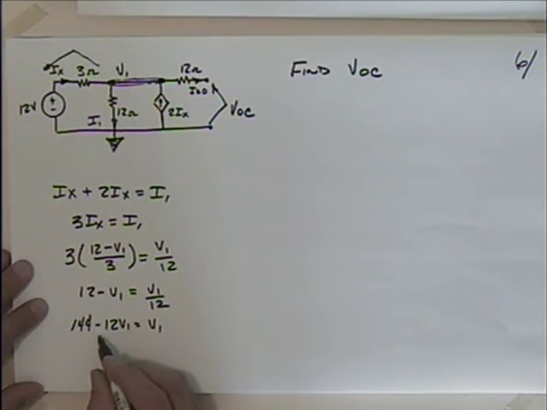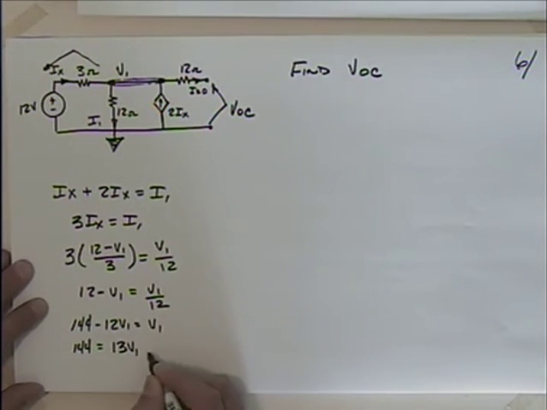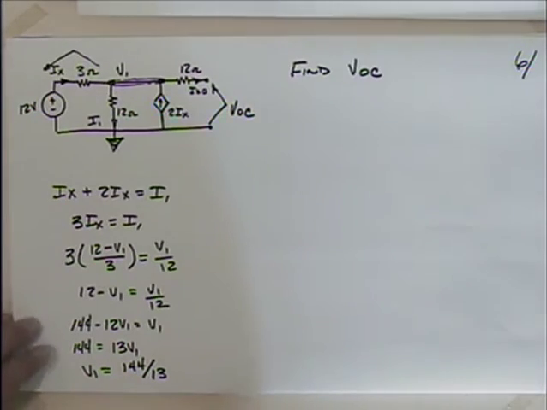And we could then move this over. 144 is equal to adding 12, so 13. Isn't that right? Yeah, 13 V1. So V1 becomes equal to 144 divided by 13. Okay, which I guess we could keep that as a fraction.